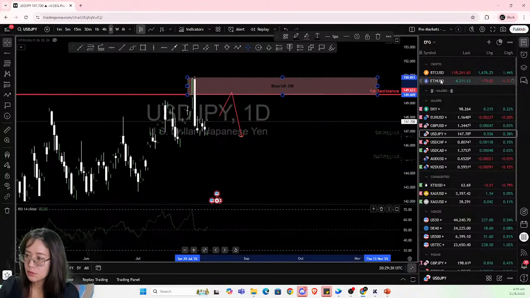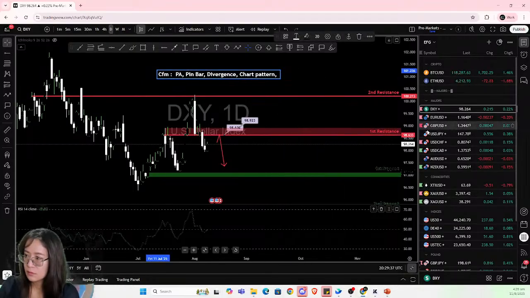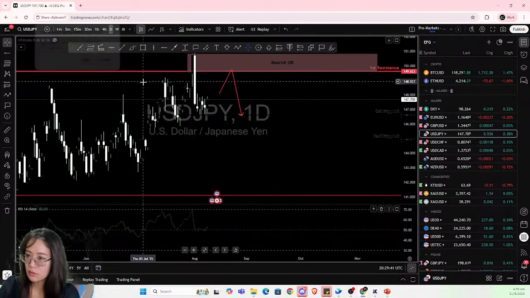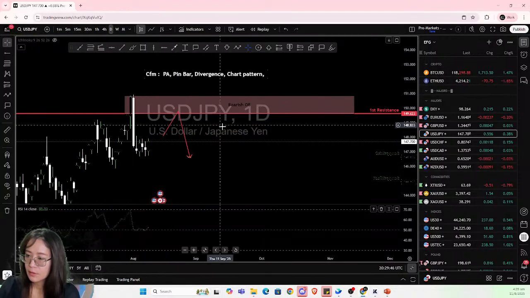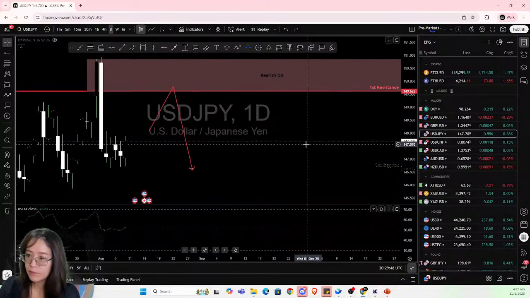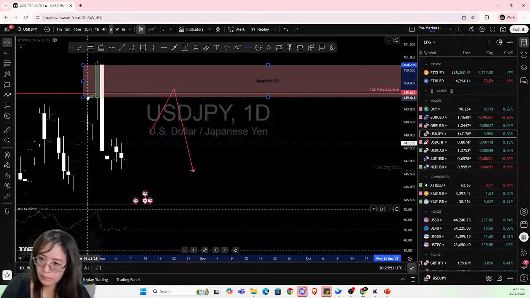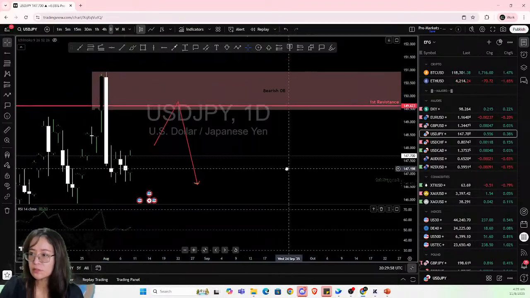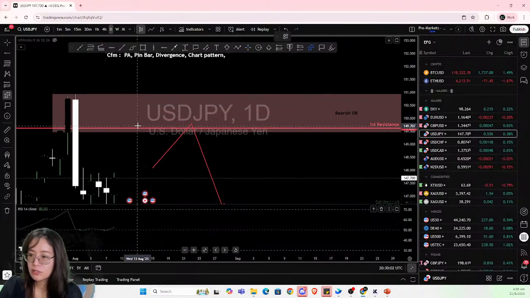Within our confirmation, always wait for this one, because our zone is big, right? So here, in the lower time frame, if you trade with SMC, for those using smart money concept, what you want to see in the lower time frame within the zone is you need to wait for a change of character.